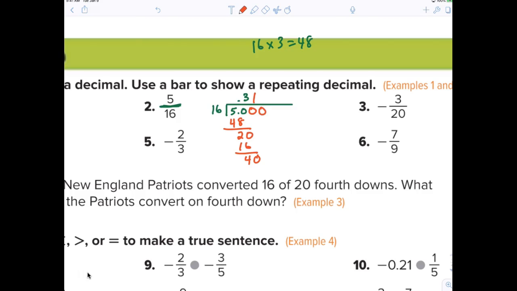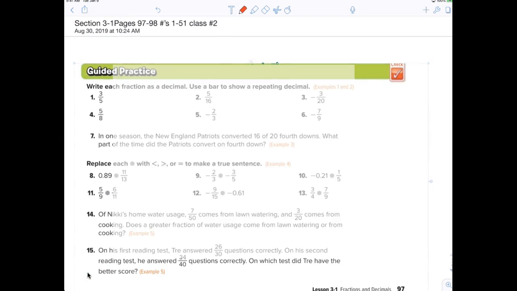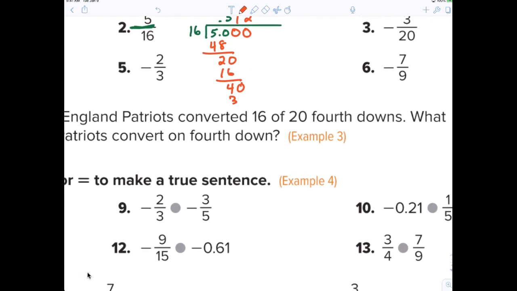How many times does 16 go into 40? Twice, right? Because 16 times 2 is 32. When I subtract, I get 8.